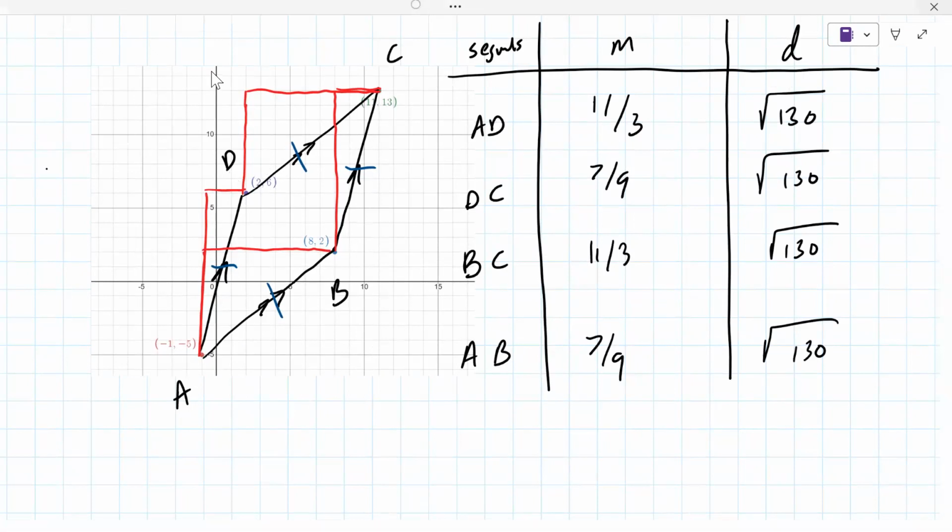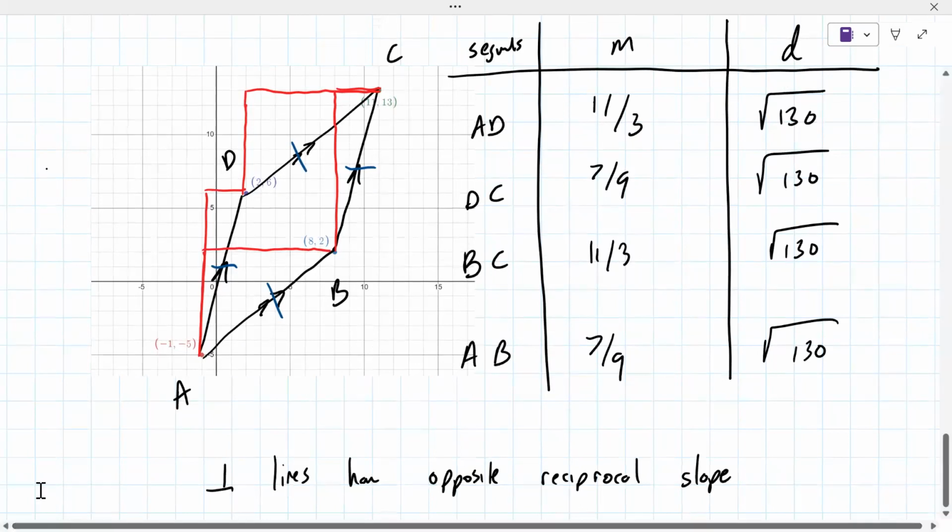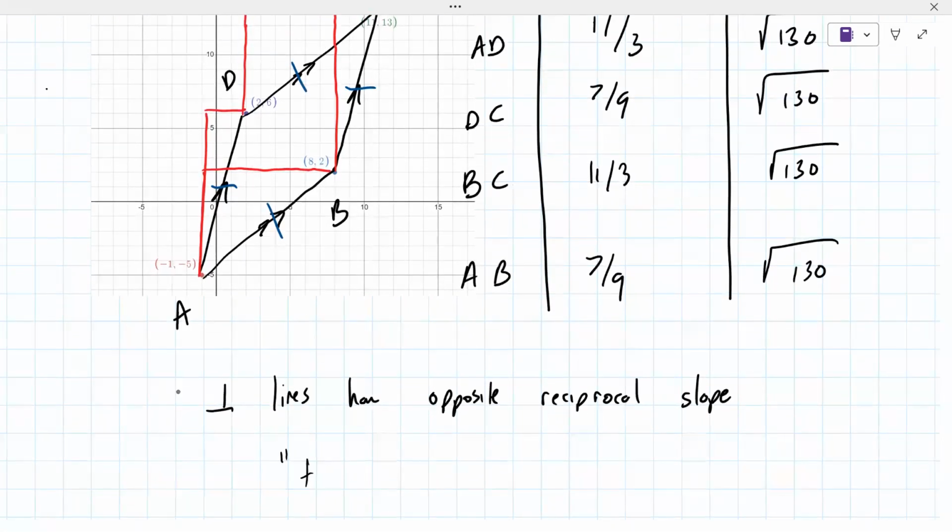So this is a small little side note. Perpendicular lines have opposite reciprocal slopes. And then another way to do it is that when you multiply them, their product is -1.